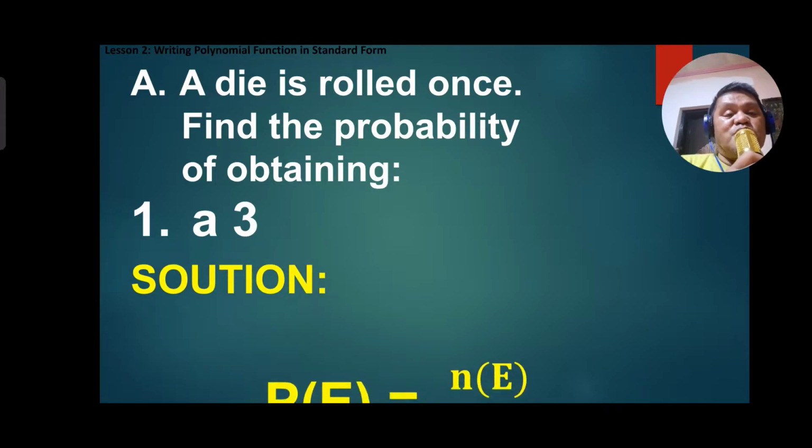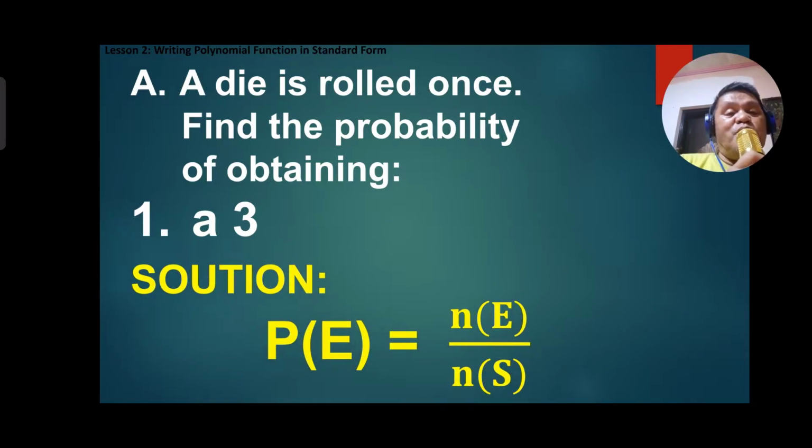So we have now the solution. The probability of obtaining a number 3 is equal to the number of outcomes in the event over the number of outcomes in the sample space.